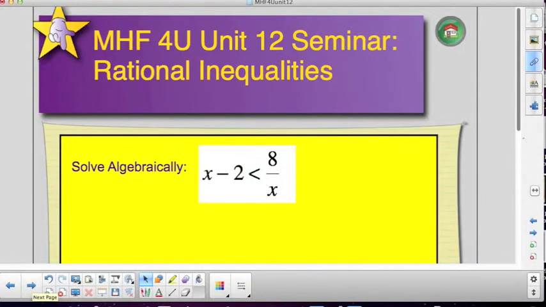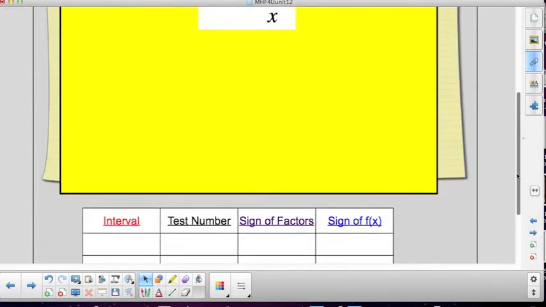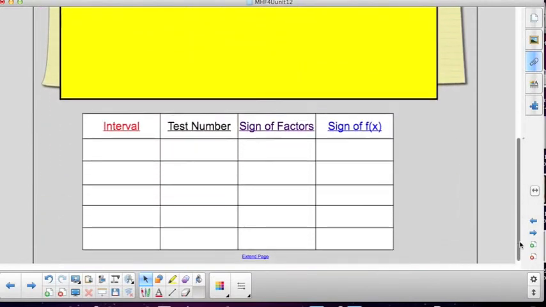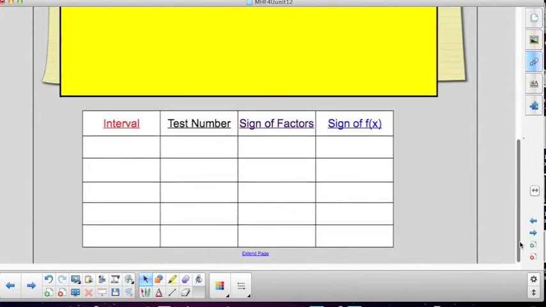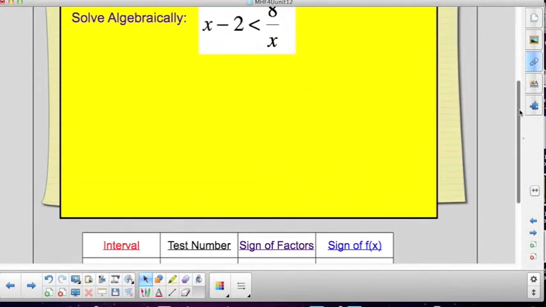Now, whenever we introduce inequalities into the mix, you have to have a table, and your table is going to incorporate the interval, the test number, the sign of the factors, and the sign of f of x, okay? This is going to be part of every answer on your test. That's going to be our last step, so let's go back to the original question.